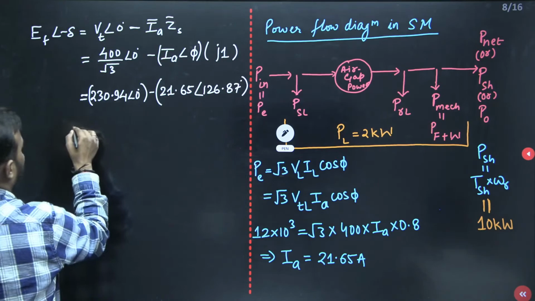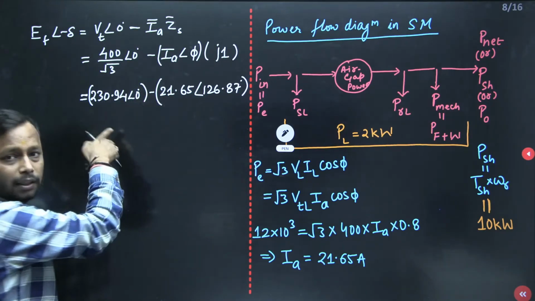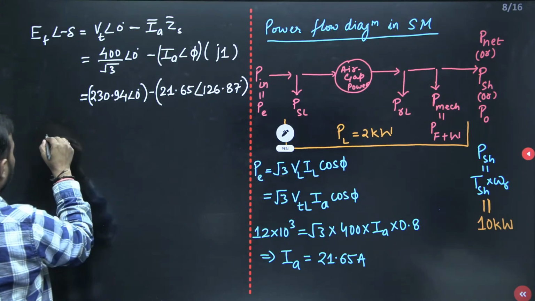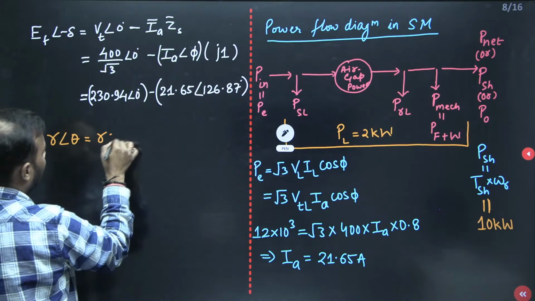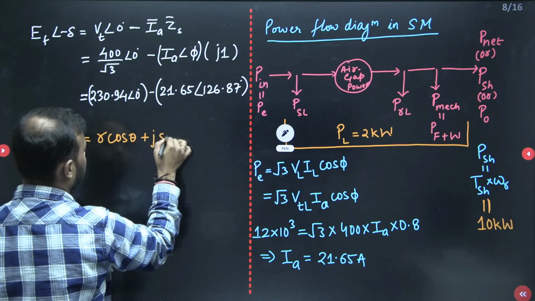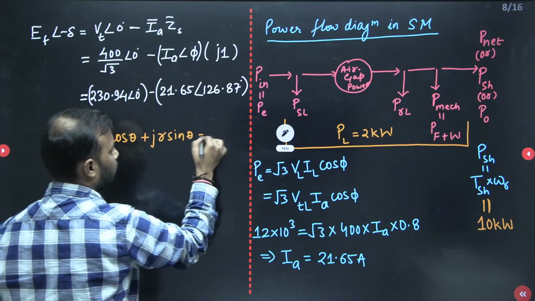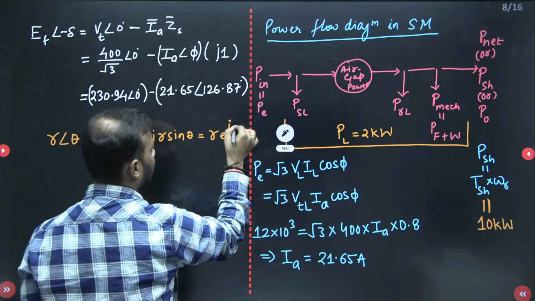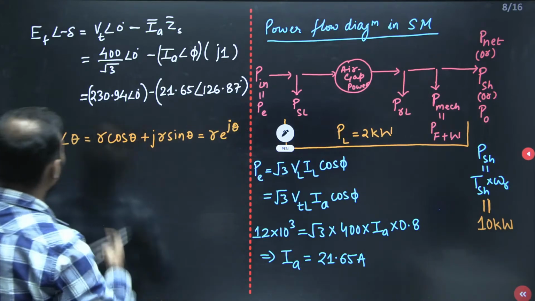Done. If you look at the first parenthesis, it is in polar, r at an angle theta. So I can write this as r cos theta plus j r sin theta, which is r e to the power j theta, the Euler form. So using this concept, what are we going to get?